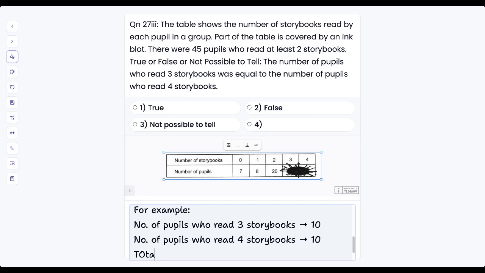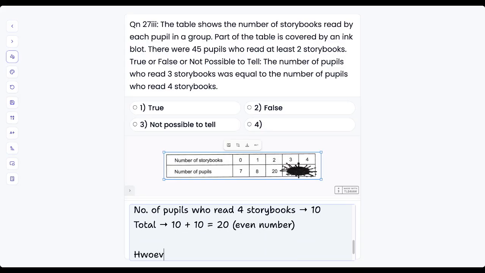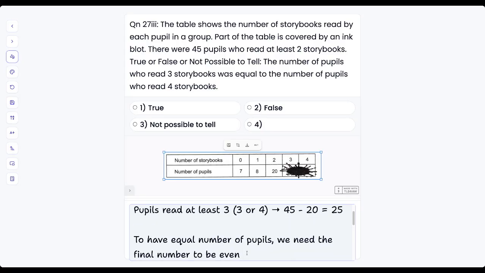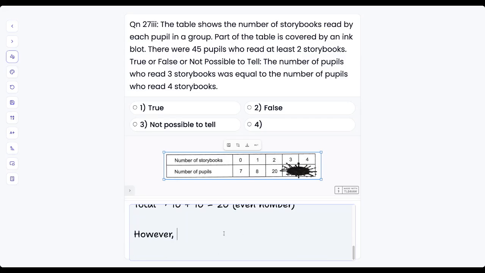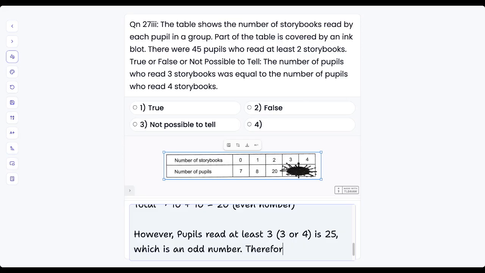So the total is equal to 10 plus 10, which is equal to 20, which is an even number. However, in this case over here, the number of pupils who read 3 or 4 is 25, which is an odd number. Therefore, this is false in this case over here. Okay, so this is false. All right, let's move on to the next question.